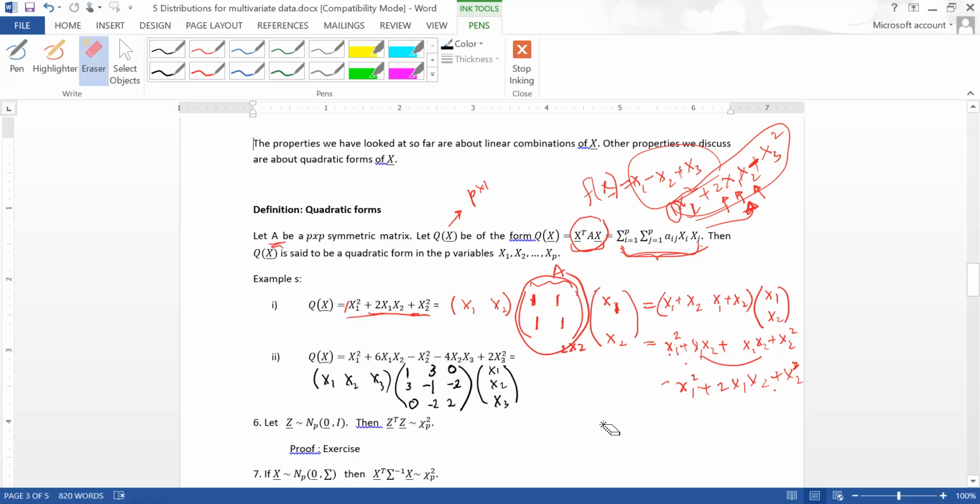Now I'm going to ask a question. Can this matrix A be a variance covariance matrix? What do you think? With the things you know about a variance covariance matrix, I am asking, can this matrix A be a variance covariance matrix?